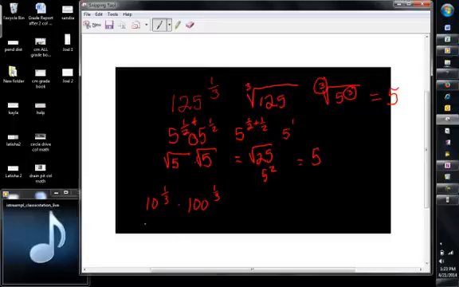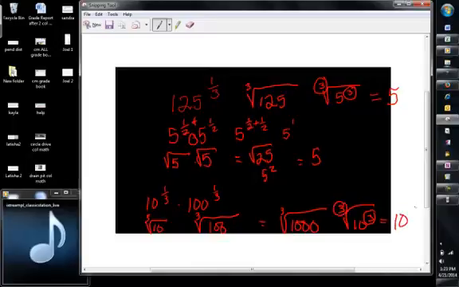Well, we can rewrite this as the cube root of 1,000. But 1,000 is 10 to the 3rd, so we have the cube root of 10 to the 3rd. We have one group of 3 tens. Let's look at another example.